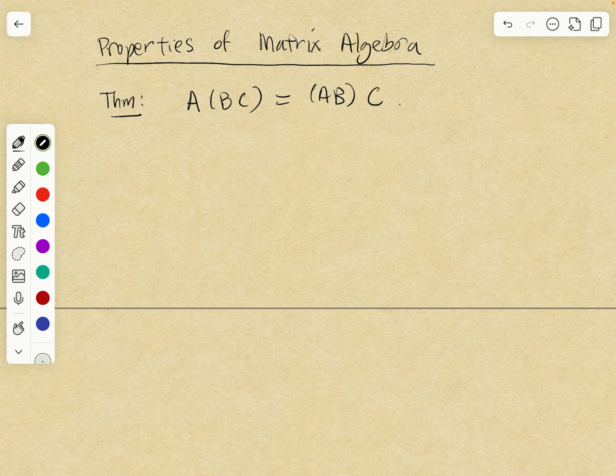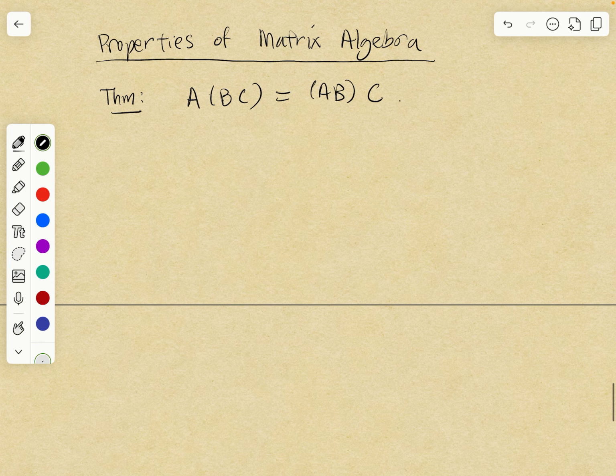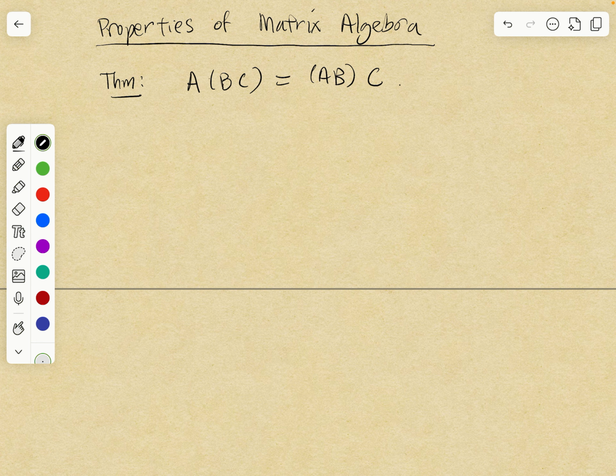So there are a couple ways to see why this is true, and one way is to think of these matrices as transformations, and to think of what they do when you apply these transformations to a vector x. So if you take these matrices and multiply them by the vector x, what do you get?